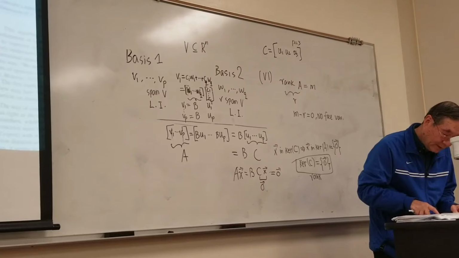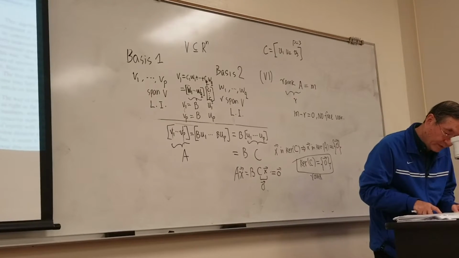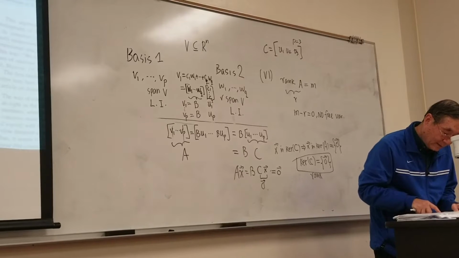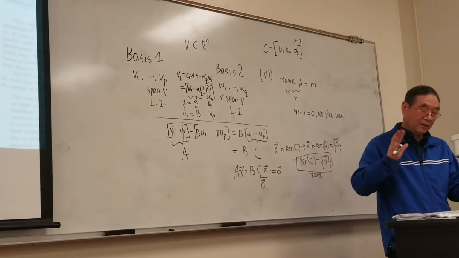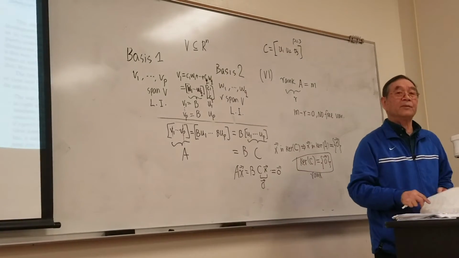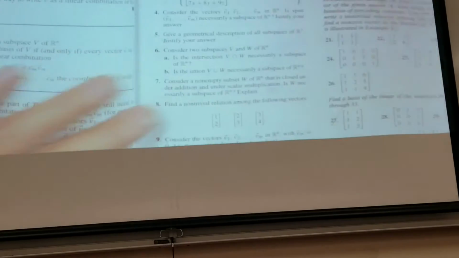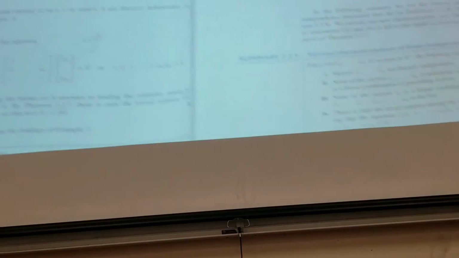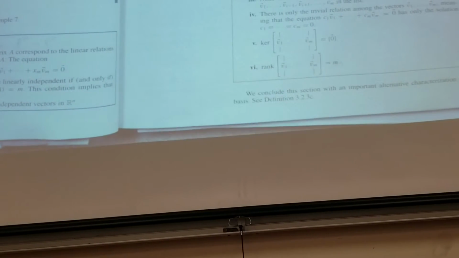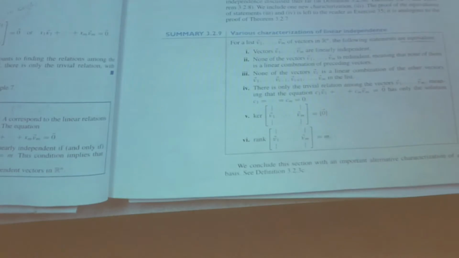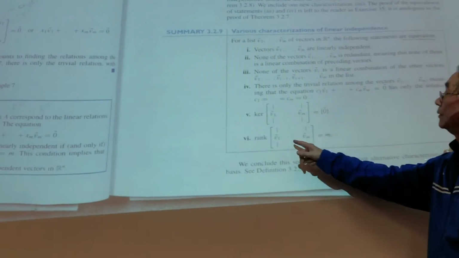And therefore, when they quote theorem 3.1.7, that means Q must be greater than or equal to P. So that theorem 3.1 is actually summarized as this rank relation.